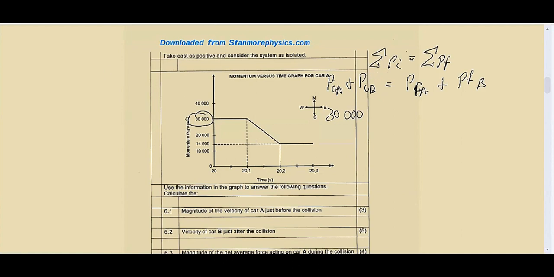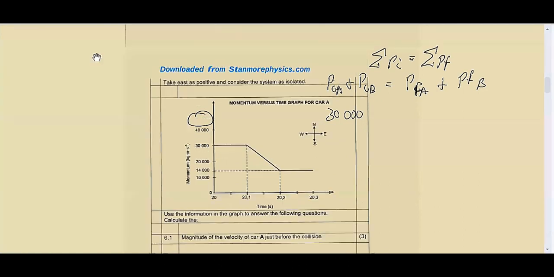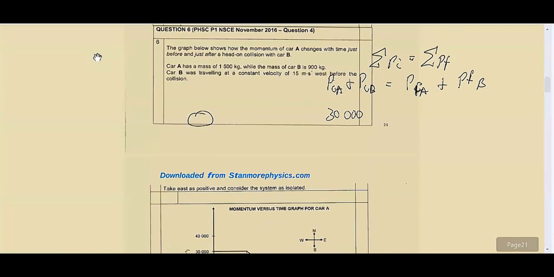For that one, we need to consider the information given. Remember, momentum is mass multiplied by velocity. So our mass is 900. Then our initial velocity is 15 meters per second, but where? West. So we need to indicate it as a negative because we took east as positive.